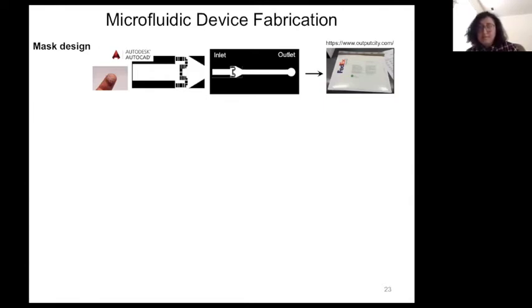I was just going to say why I think this would be the outlet: because it's circular, and when we are working with cells, we don't really like too much of corners because it makes it harder.